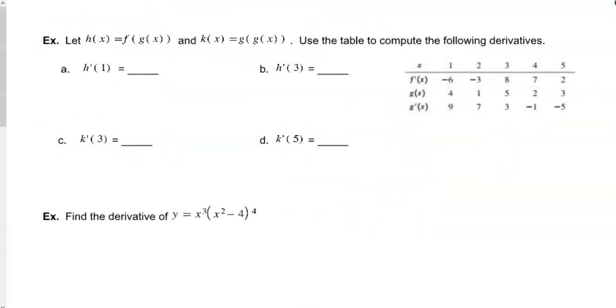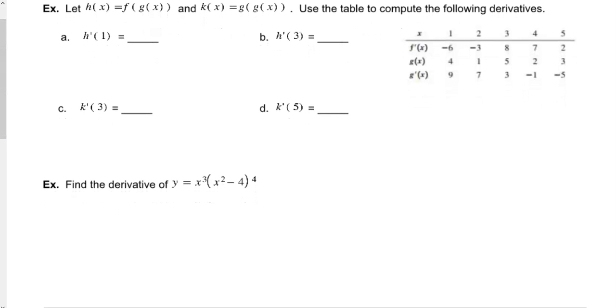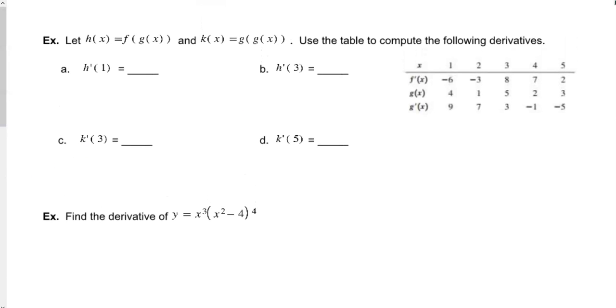All right, let's turn our attention to a different type of problem where I'm going to be giving you a function in terms of f and g, and also, or f or just g in a case, and then this table over here, and we are asked to find multiple pieces of that. So let's see what we have. If I end up looking at h of x is equal to f of g of x.